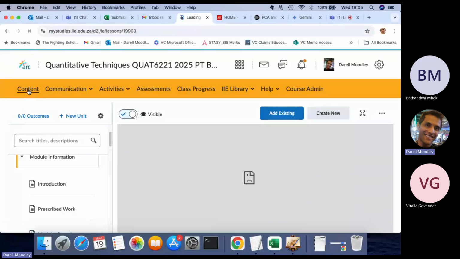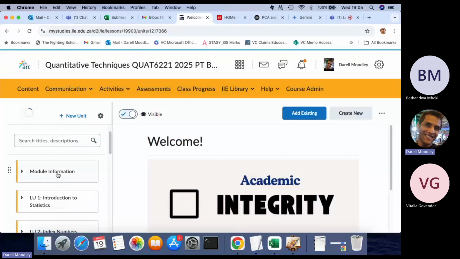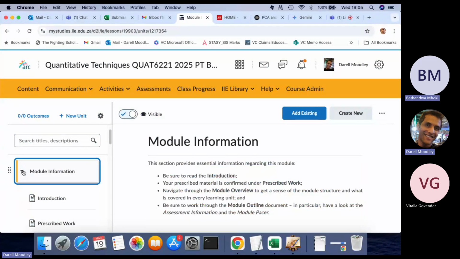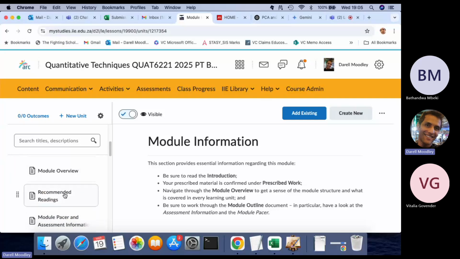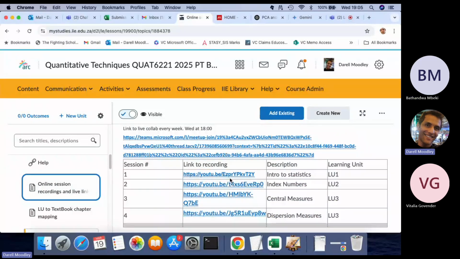You click there. Then on the left margin, it says module information. Click here, then scroll down and you'll see online session recordings and live links. If you click there, it's got the links for all the recordings from the past. That's perfect. Yeah, just click that, it'll take you to the recordings.